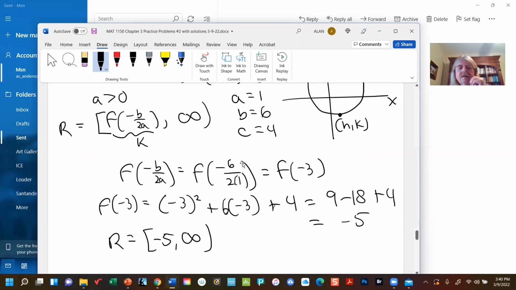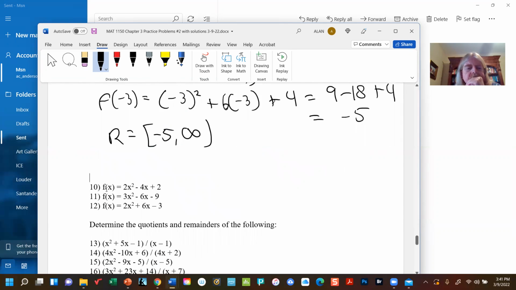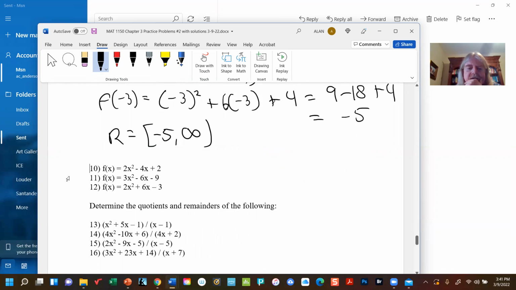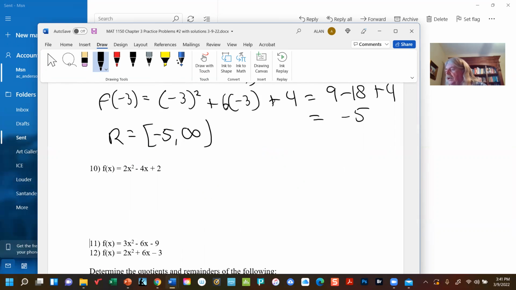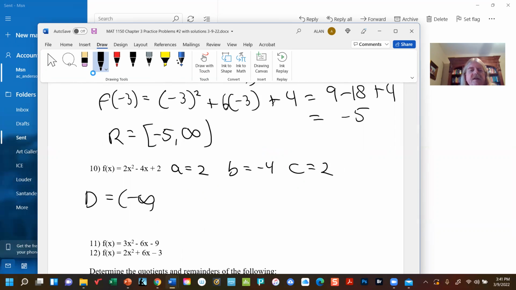Now, next, we have another quadratic equation, and a is 2, b is -4, and c is 2. So what are we trying to find out? Well, again, the domain is -infinity up to positive infinity.